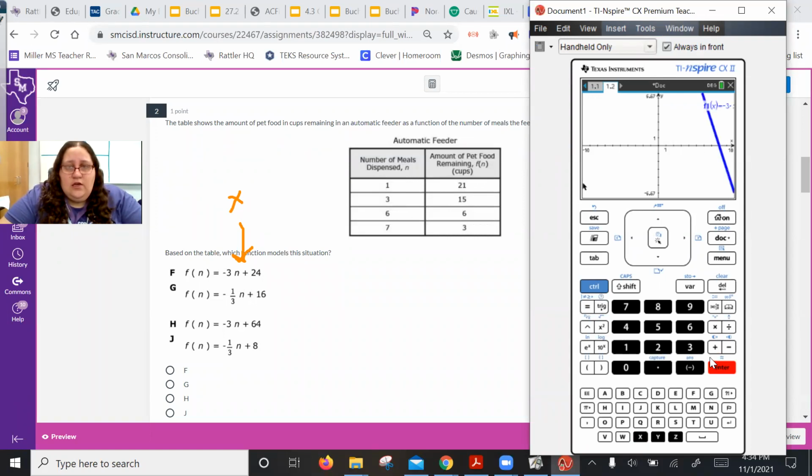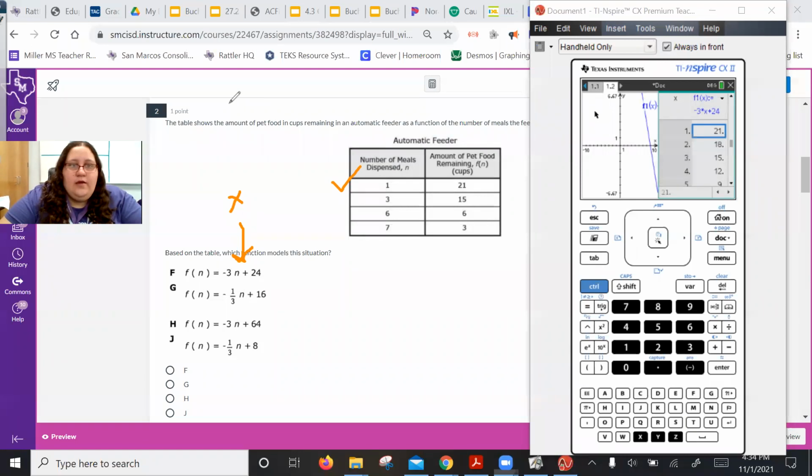And then we have to look at the table. To pull up the table, it's Control T for table. And we have to match our X or N values to their output. So your column on your calculator is going to be a little bit thinner than mine, but when 1, we get 21. So our first point checks out. Now more than one point can check out, so you want to make sure you're checking all of them.